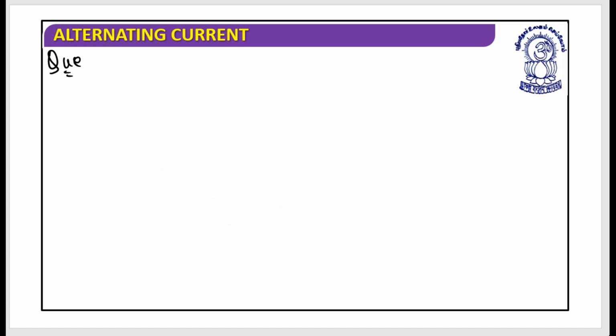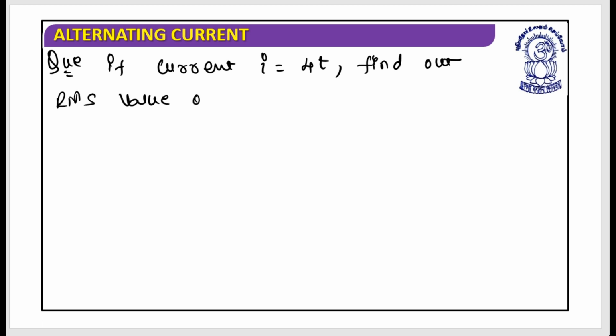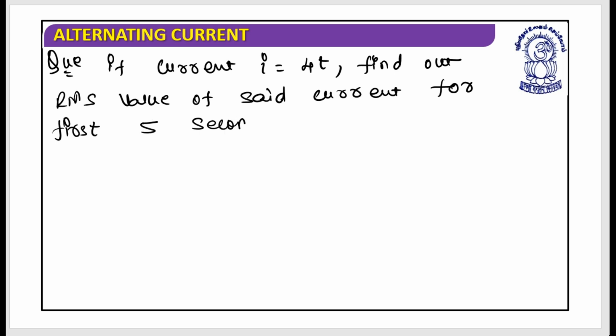The question says that if current I is equal to 4 into t, find out the RMS value of said current for the first 5 seconds. This is the requirement. Current is given as I equals 4t, and you need to find out the RMS value of the said current for the first 5 seconds.